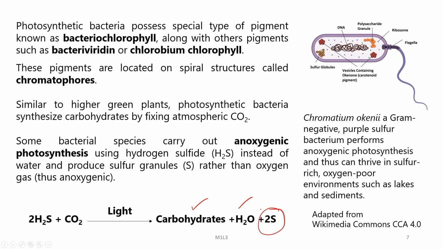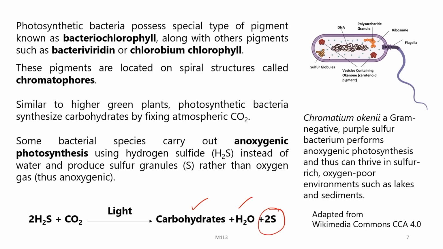sulfur granules. In this picture you can see one species, Chromatium okenii, which is a gram-negative purple sulfur bacterium performing anoxygenic photosynthesis. Due to this capability, it can thrive in sulfur-rich, oxygen-poor environments in certain lakes and also in the sediments.